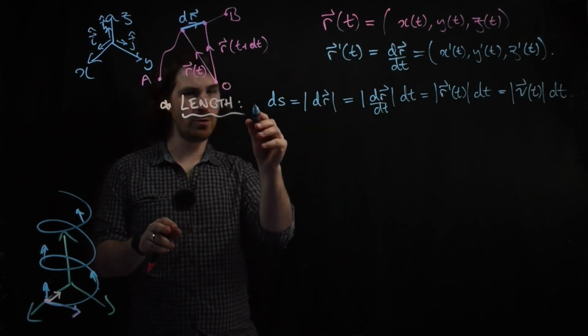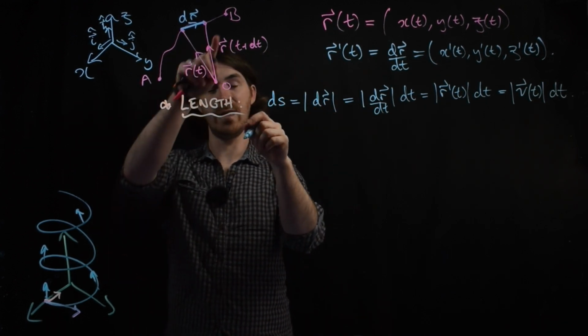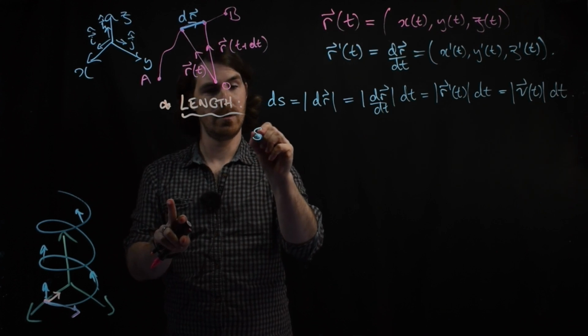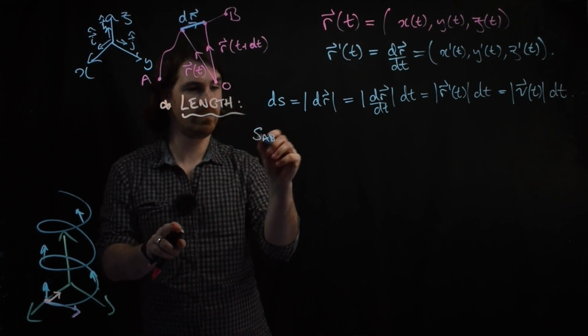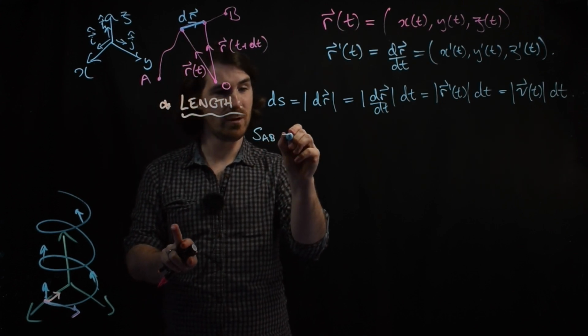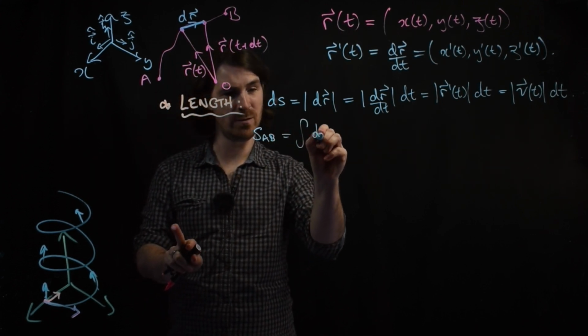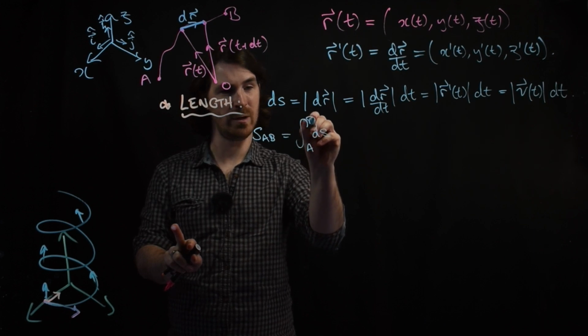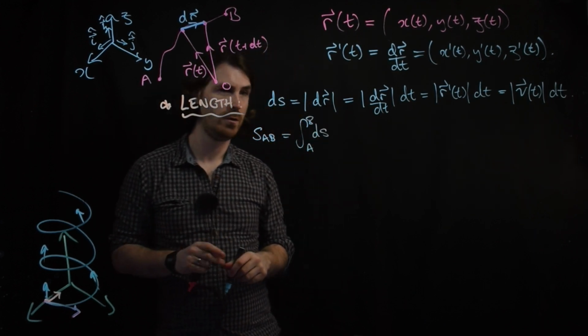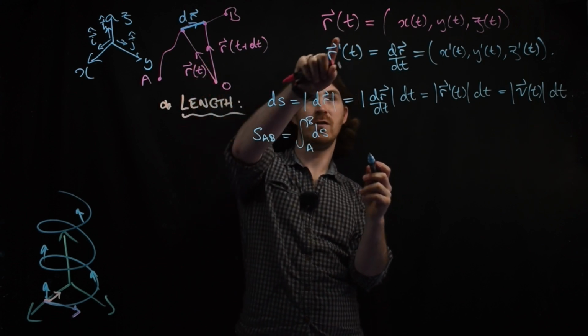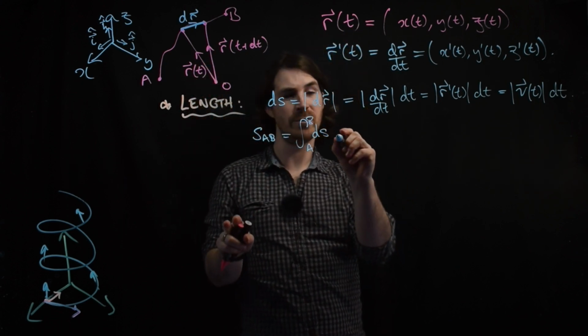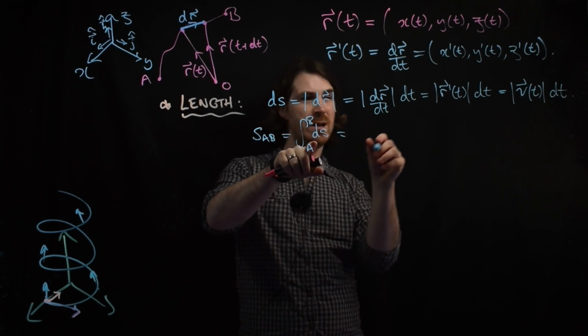And we saw that the total length between points A and B, we called it L before, I'm calling it S now, doesn't matter, it's just a number, it's a length, equals the integral of ds between A and B. Typically we only know our curve in terms of this parameter t, so we want to switch from ds to dt.